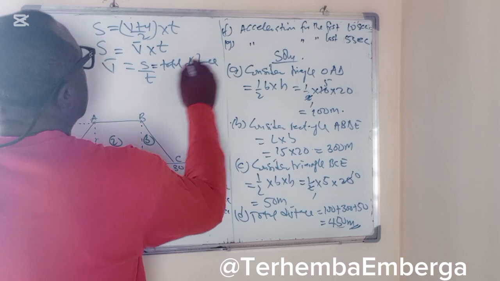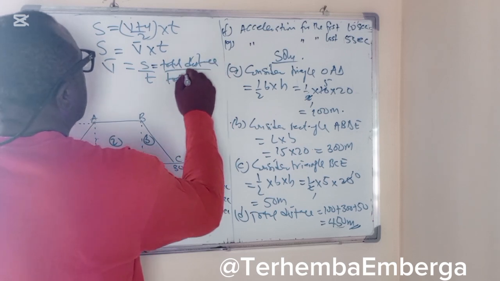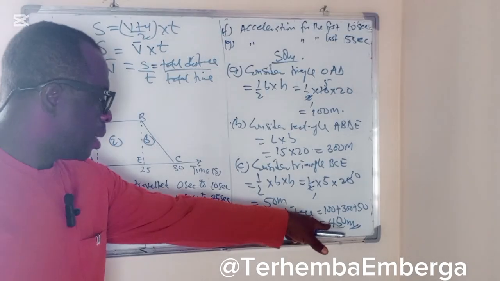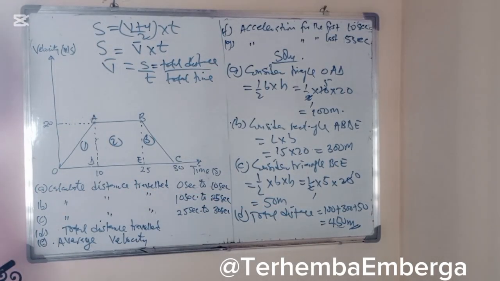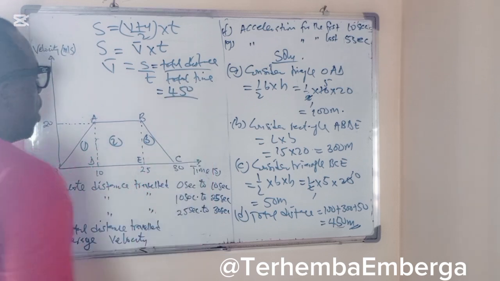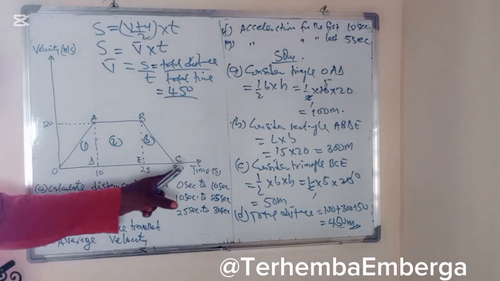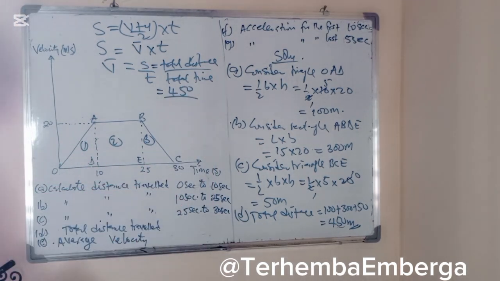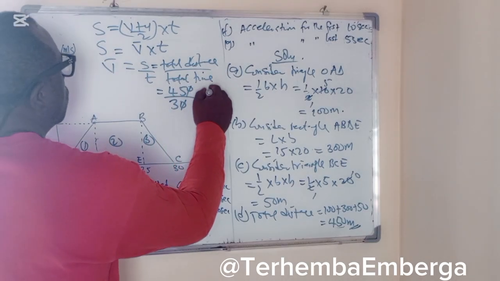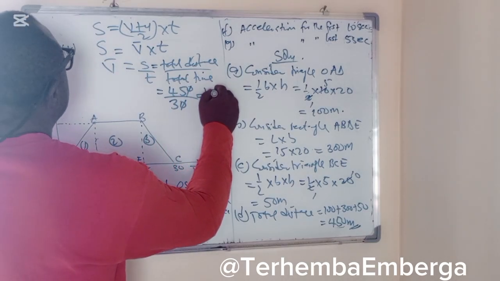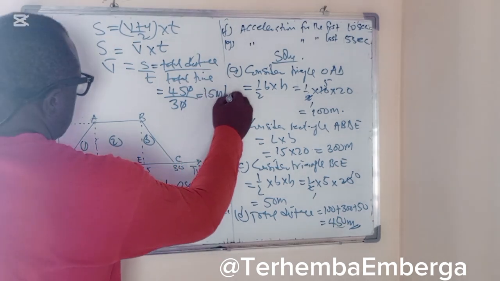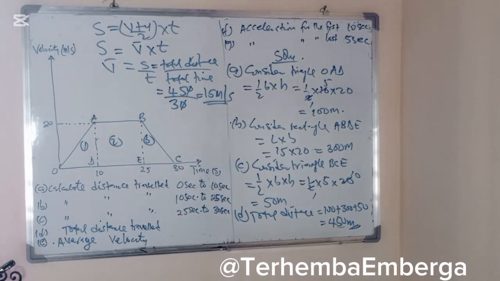The total distance is 450 meters, and the total time from here to here is 30. So this will be equal to 15 meters per second. That will be the average velocity.